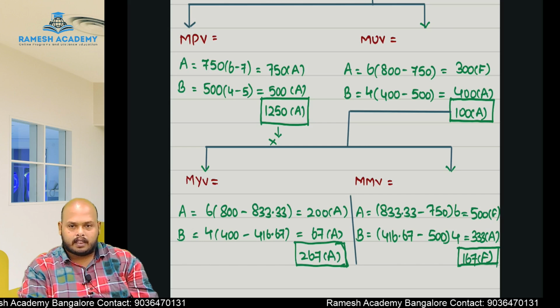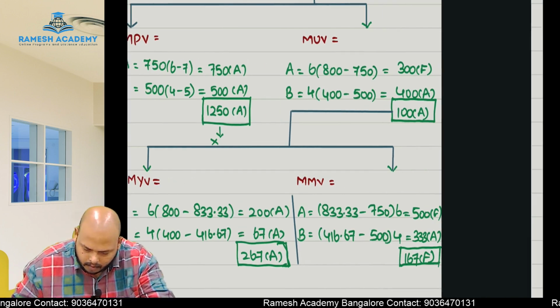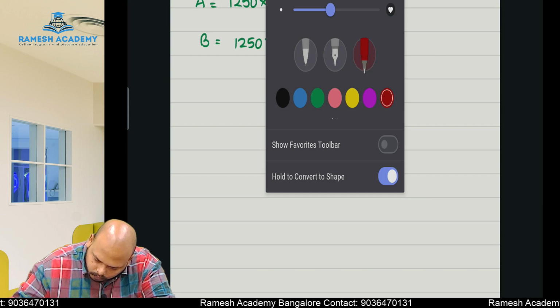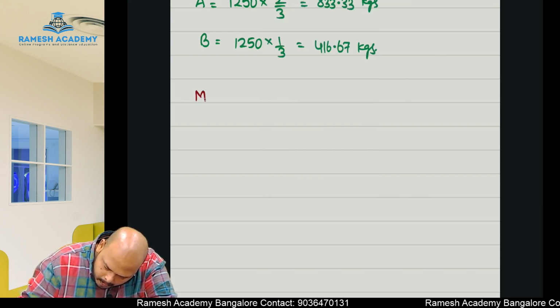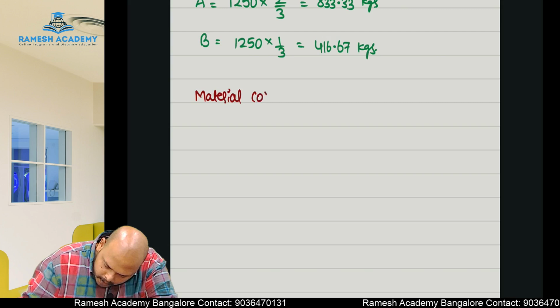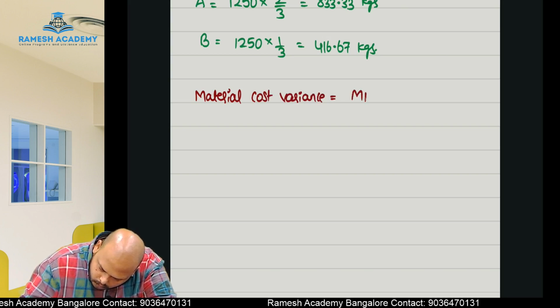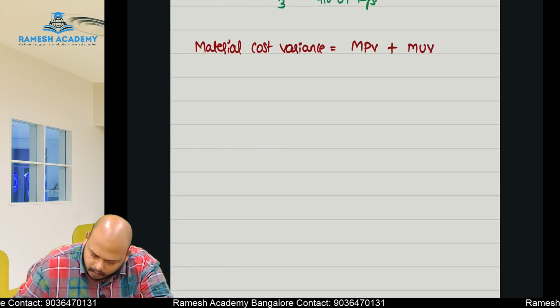You can cross check the formulas. So what are the formulas we can write here? One is material cost variance is equal to material price variance plus material usage variance. This is the one formula.